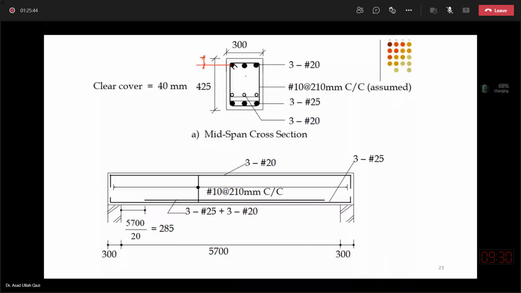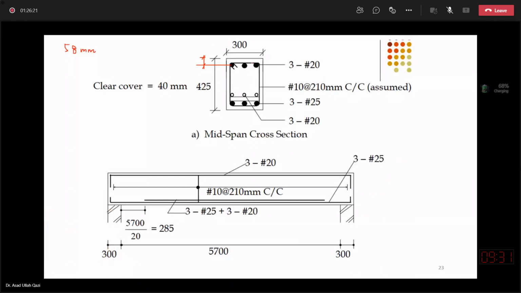So the sketch will be your language at site. A structural engineer will talk with his sketch, and finally your drawing will be executed at site. So in your calculations, you assumed that the compression steel has a cover of 58. Agreed? That we assumed, and we started the discussion onward.